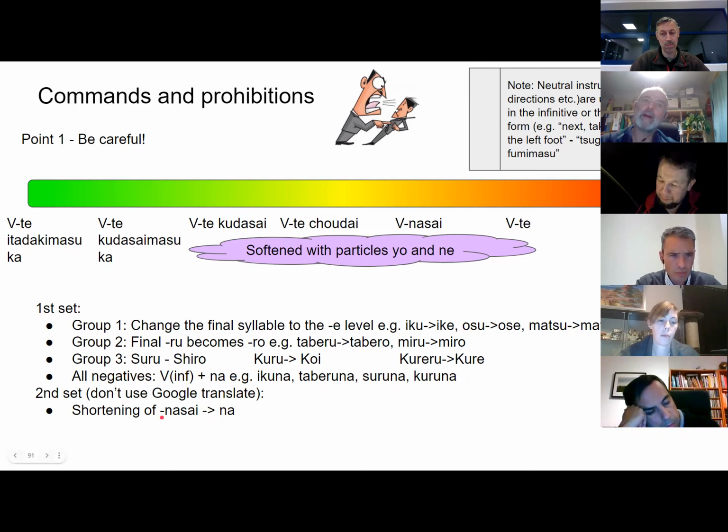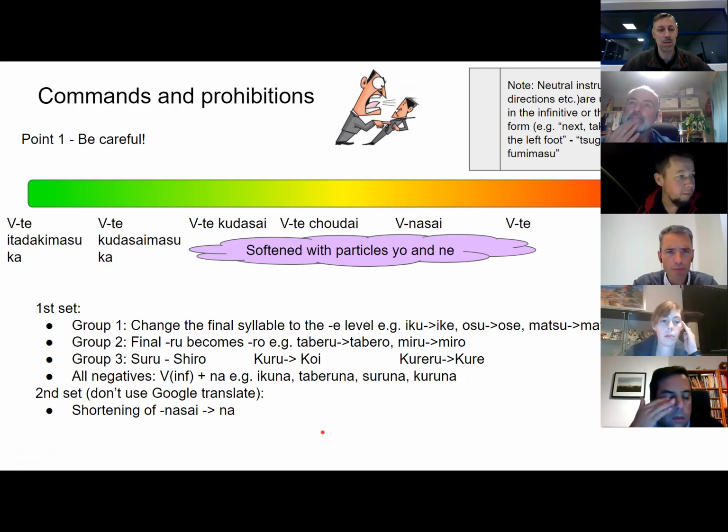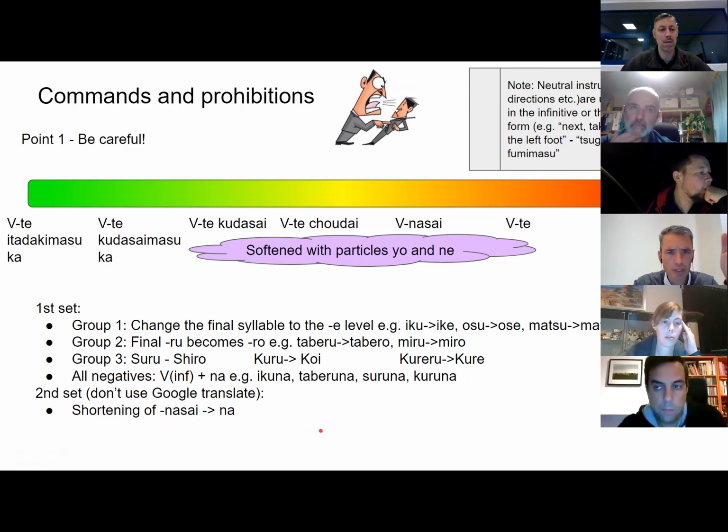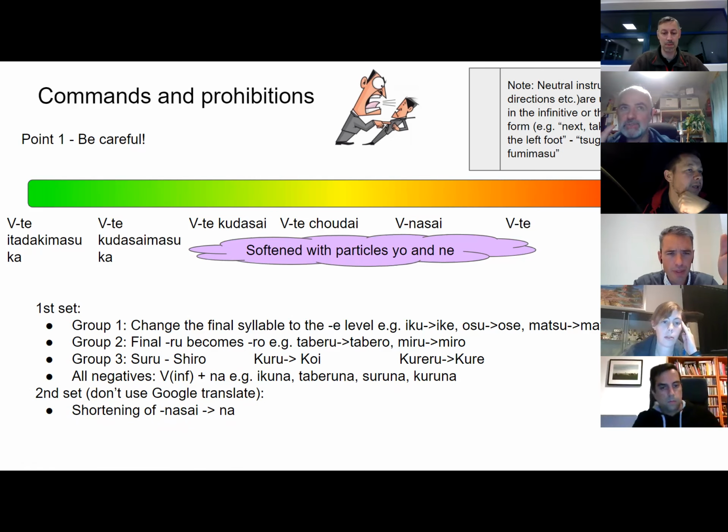But for example, to say go would be, Kim, using this form here. It is the verb nasai in the masu form, but we can shorten nasai just to na. So go would be ikina.